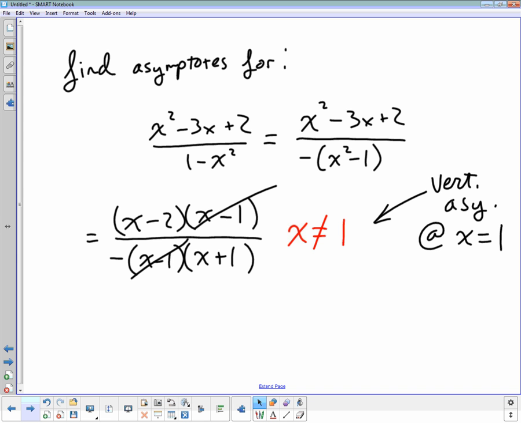Plug in a huge number, say 1,000. So now, if you were graphing this function and plugged 1,000 into your calculator, you would wind up with a really big number in your numerator. It would be 1,000 times 1,000, which is 1,000,000, minus 3,000, which is still really close to 1,000,000, plus 2, which didn't do anything realistically. And now down below, you plug in 1,000, you get 1 minus 1,000,000, right?